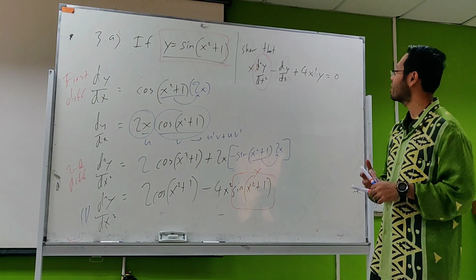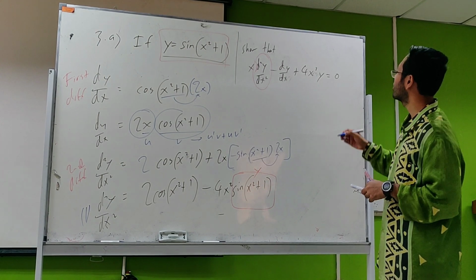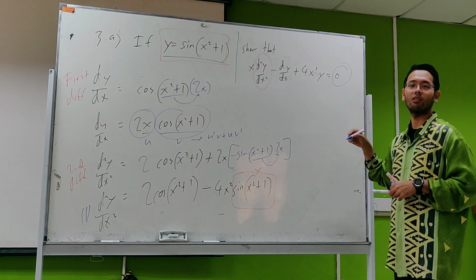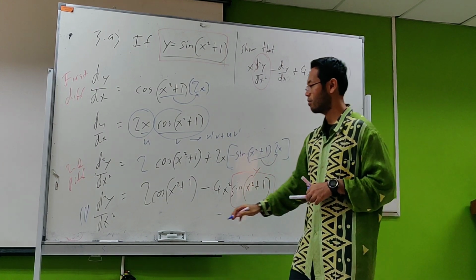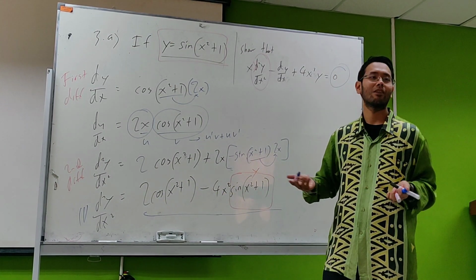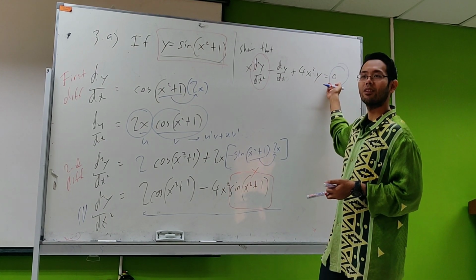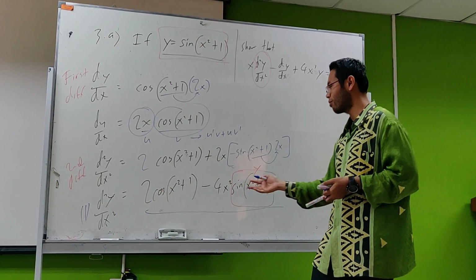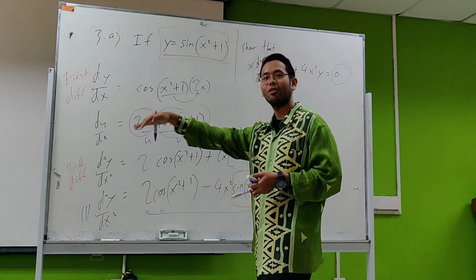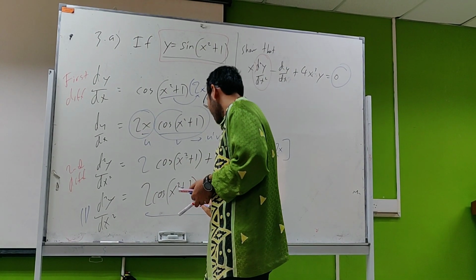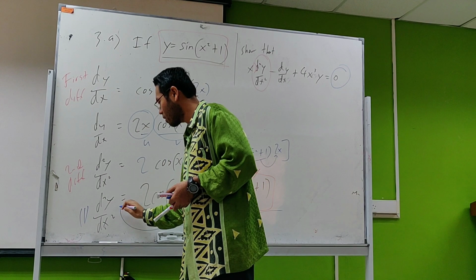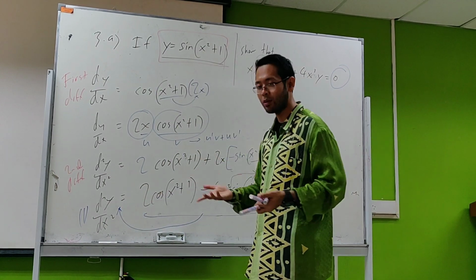But what your friend did just now is not totally wrong, because here we got 0. Ours, we got this thing starting. So what should we do? How do we get 0? You move everything from the right hand side to the left hand side. So there are two things that we are going to do right now.